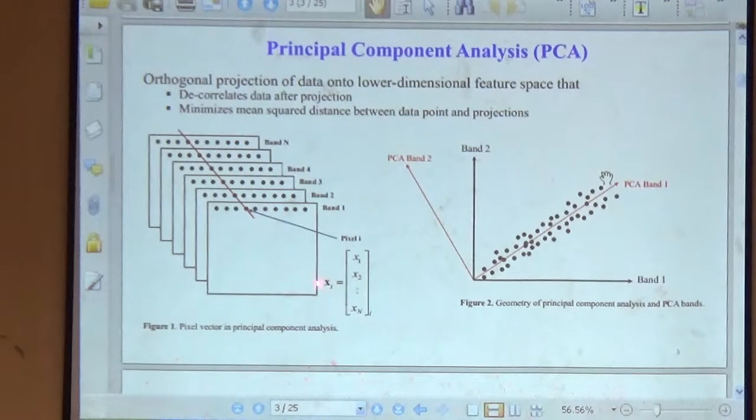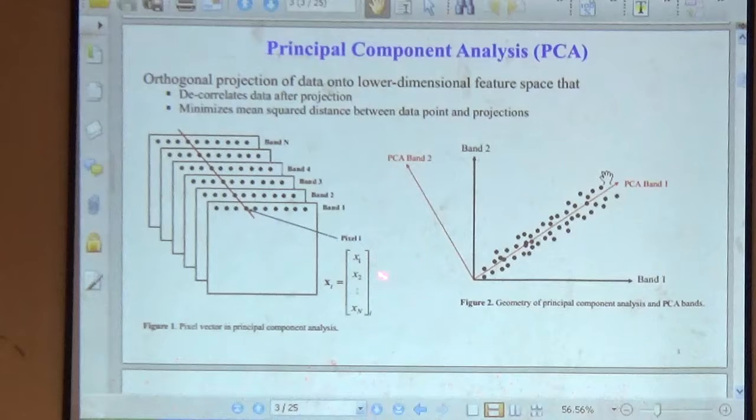This bold notation is for a vector, and this is at particular location i. This i is a two-tuple, stands for i comma j. So x1 to x capital N, and you can have several such pixel vectors. I will call it a pixel vector because it is at a particular pixel and it's a vector. So I can have rows times columns number of pixel vectors.